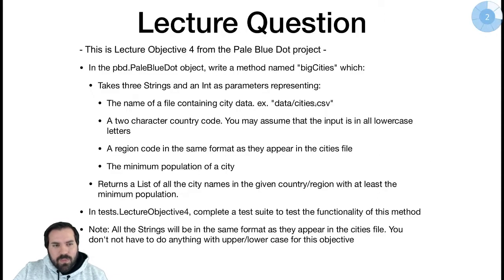So with that in mind, the big thing here, and the theme that we'll talk about throughout this lecture, or at least for my second example, I have 2 examples that I'm prepared to go through. The second example is testing a list in our unit tests. That's something we haven't done yet. So this question is very similar to lecture objective 3, but lecture objective 3 returned a map.